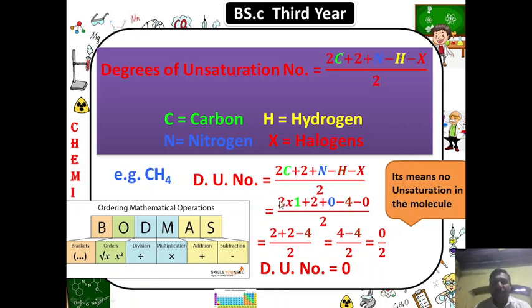Here we first solve the multiplication: 2 into 1 is 2, plus 2 plus 0 minus 4. 2 plus 2 is 4, 4 minus 4 is 0, and 0 divided by 2 is 0. So the DU number is 0, which means there is no unsaturation in this molecule.